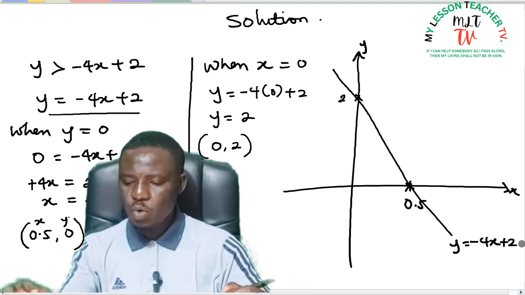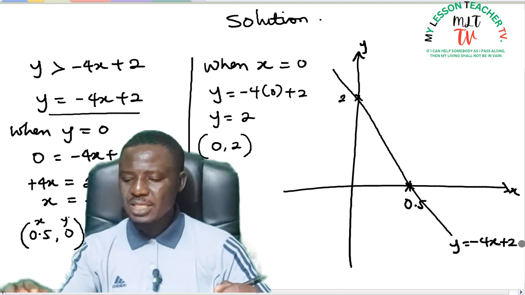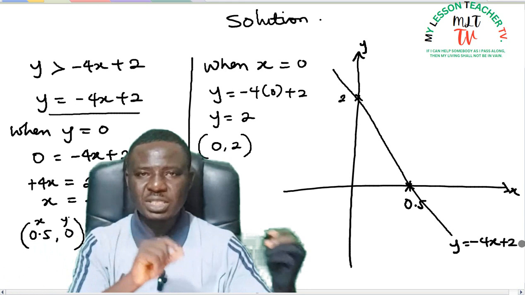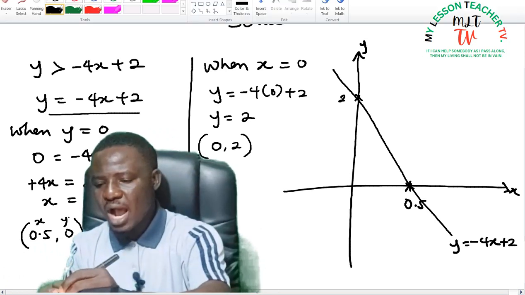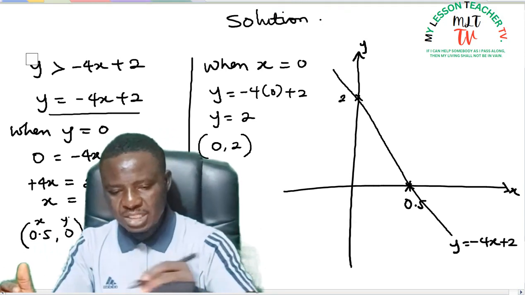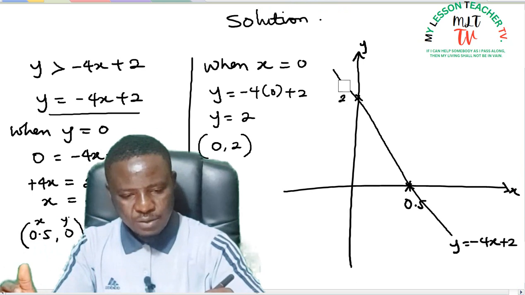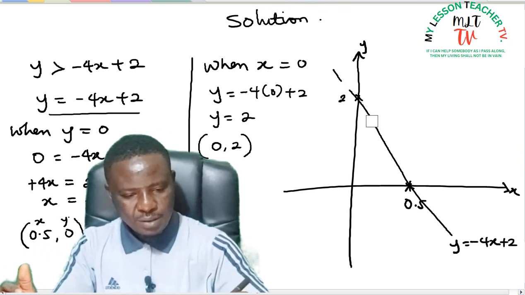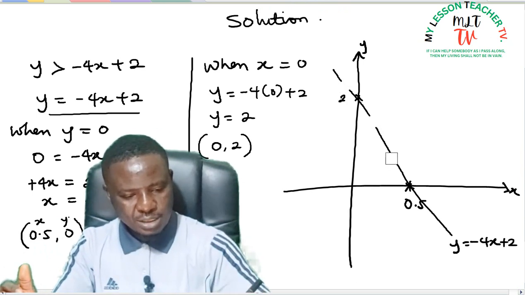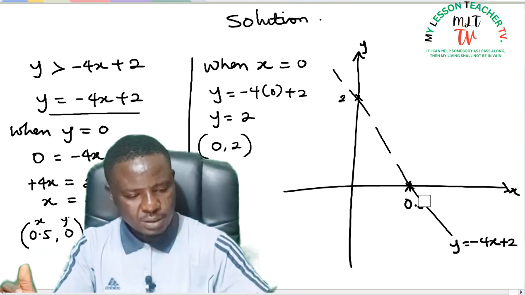But the inequality is y is greater than minus 4x plus 2, which is a strict inequality. So we shall have a dashed line. So I'm going to erase part of it to indicate that it is a broken line.